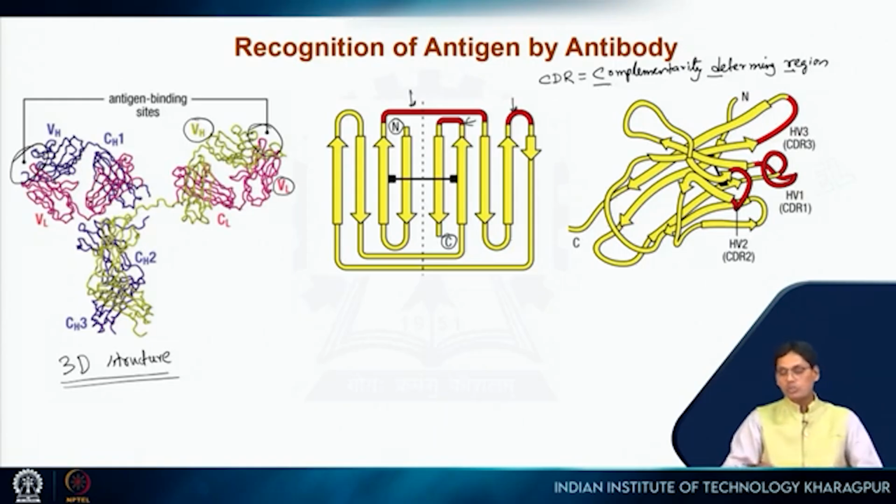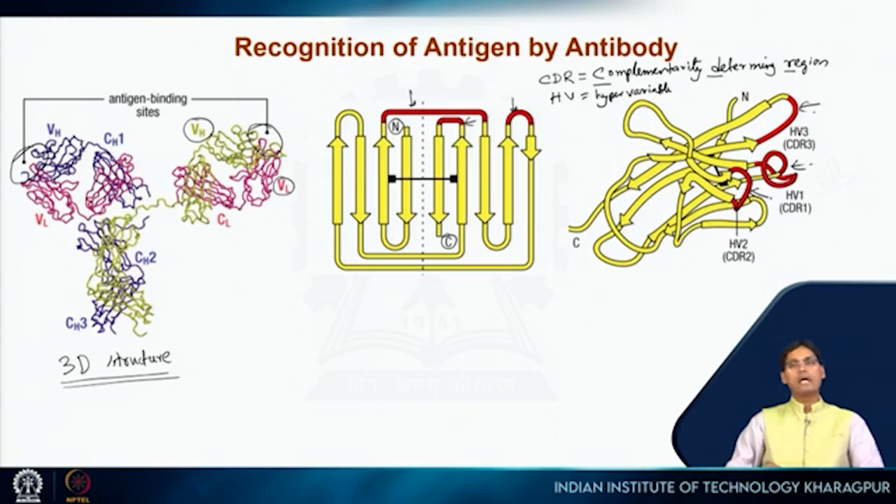And they are also sometimes called HV loops. HV stands for hypervariable. So here you can see 1, 2 and 3 loops present.